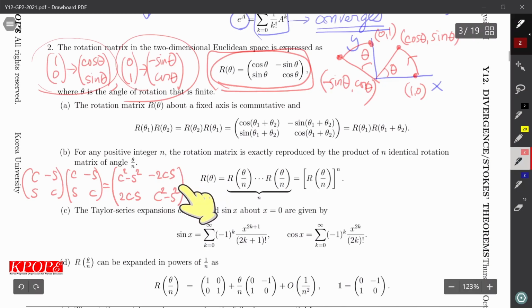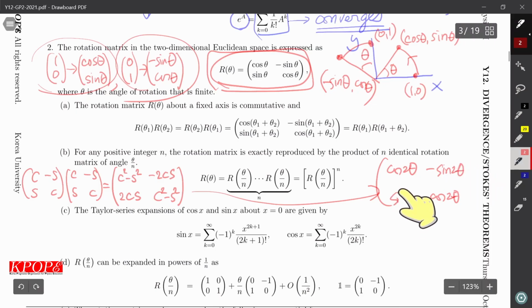That is cosine 2 theta, minus sine 2 theta, sine 2 theta, cosine 2 theta.